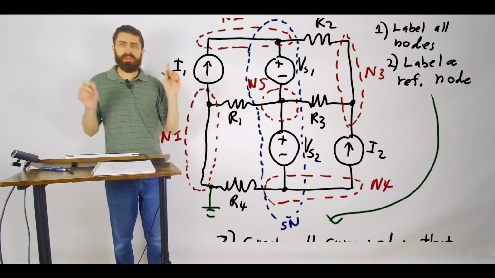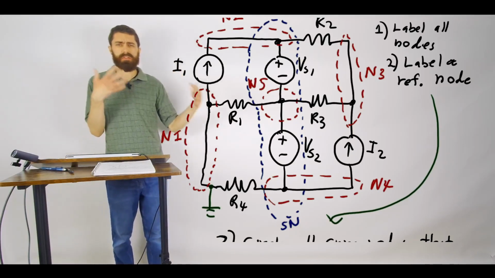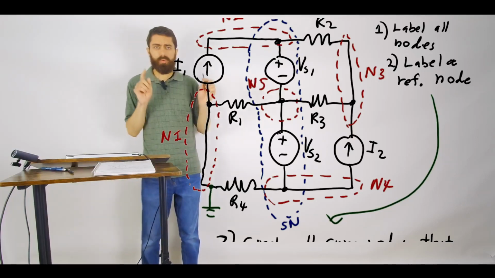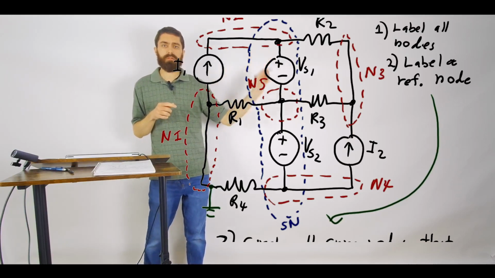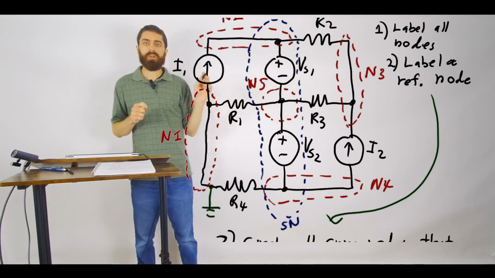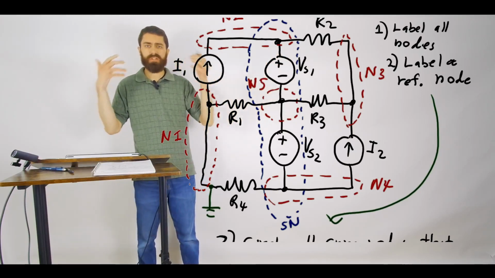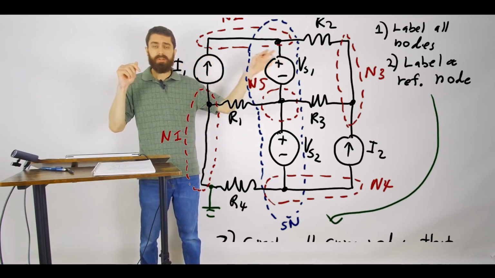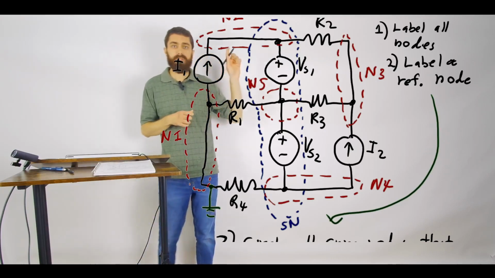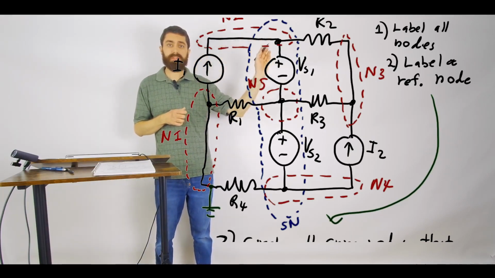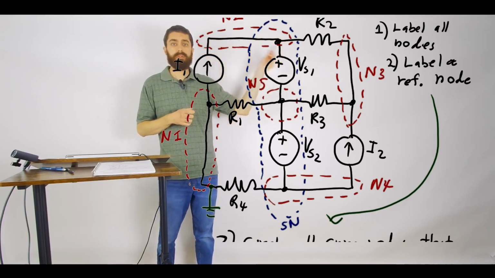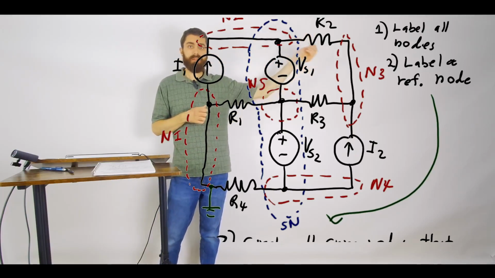Now, the reason that we employ this idea of a supernode is that if we just did KCL at our individual nodes, you would run into a problem in the final step when you're trying to express the currents in terms of your nodal voltages. For example, if you applied KCL to this node here, you'd sum this current going in, this current going in, which you could do, right?